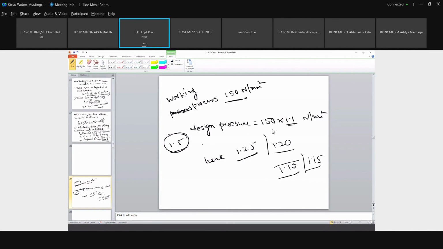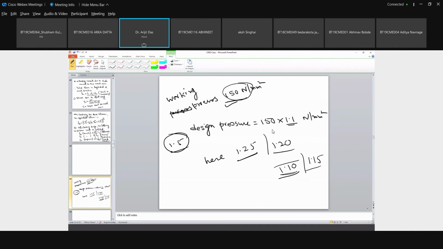Definitely. So generally, if the value is not given in the problem, you will take 10% or 20% more, and you will clearly mention that. Let's consider the factor of safety is 20% or 10%, whatever you want. We have to multiply by the working pressure.